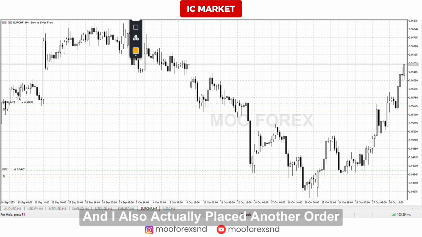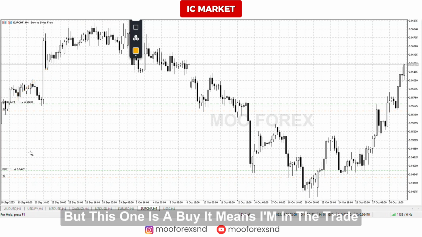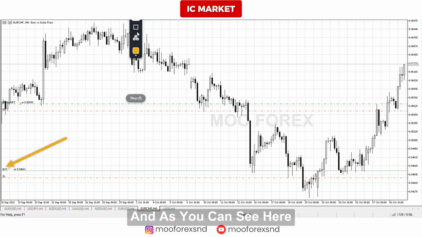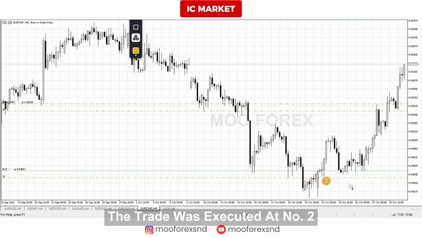I also placed another order that is a buy limit order, as you can see here. But this one is a buy, it means I'm in the trade. As you can see, the trade was executed at number 2.